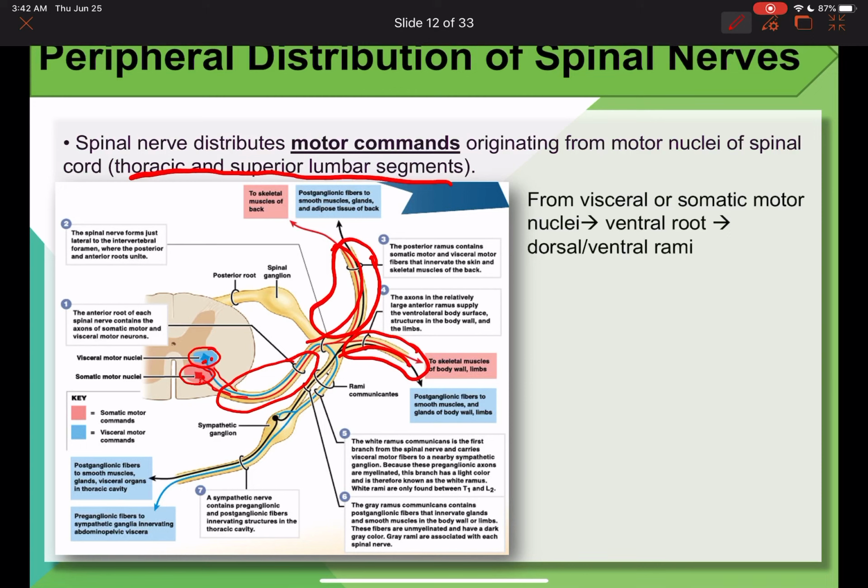So the skin and muscles of the back are for the posterior ramus, and the body wall, ventrolateral body surface, and limbs are for your anterior ramus. Okay, so from visceral or somatic motor nuclei of the anterior gray horn, it goes into the ventral root, and then the posterior and anterior rami.